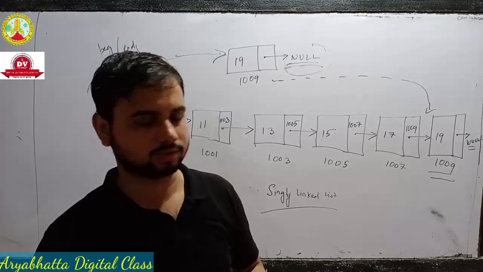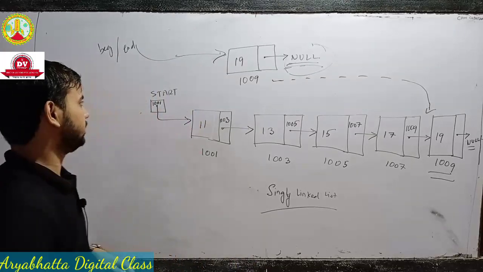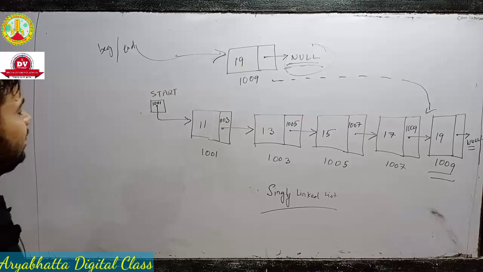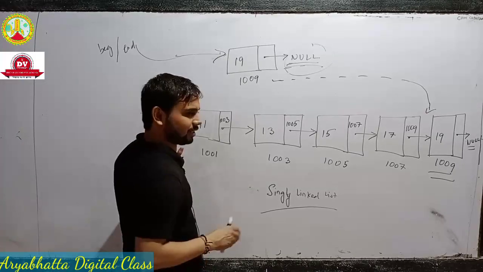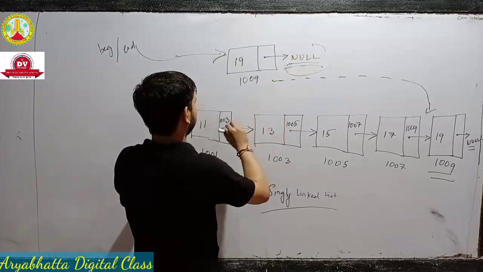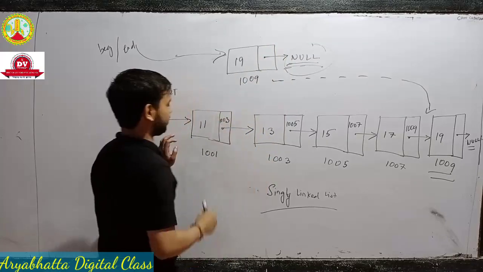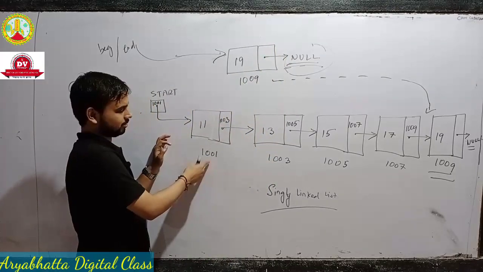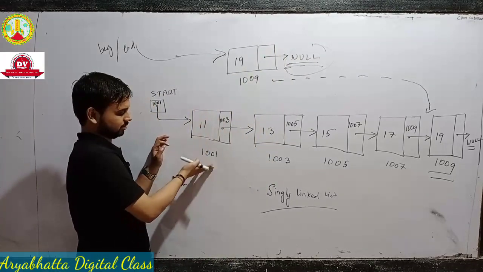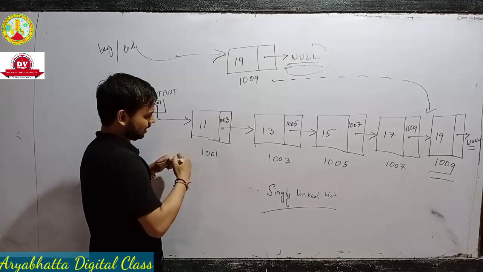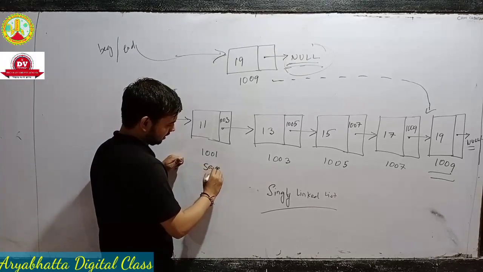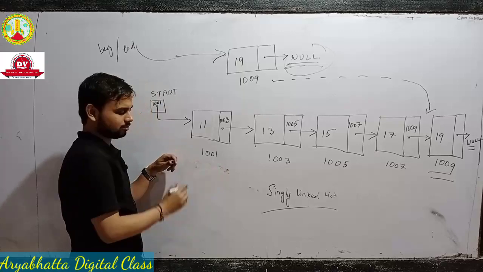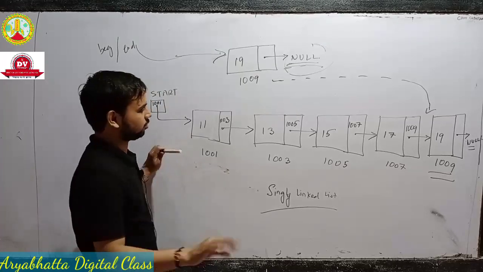Got that point? Okay. When this new node is inserted in the beginning, this null part will be gone because it will contain this memory address, the previous first node's address. We did this in the algorithm program.